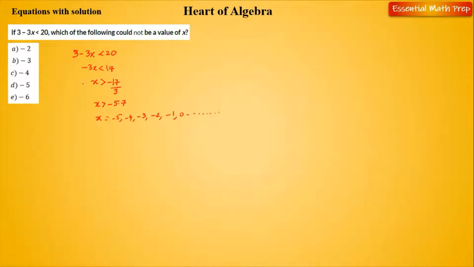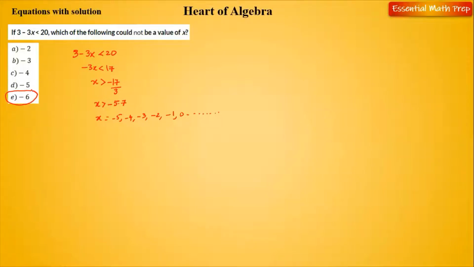If you look at all the answer choices, these numbers capture pretty much everything on this list except for one, and that's the answer, which is x equals -6.